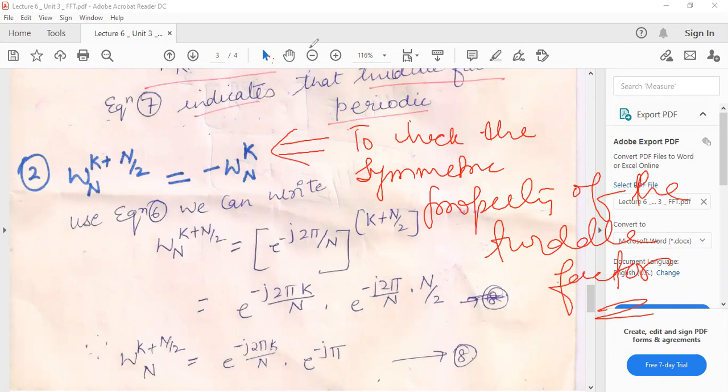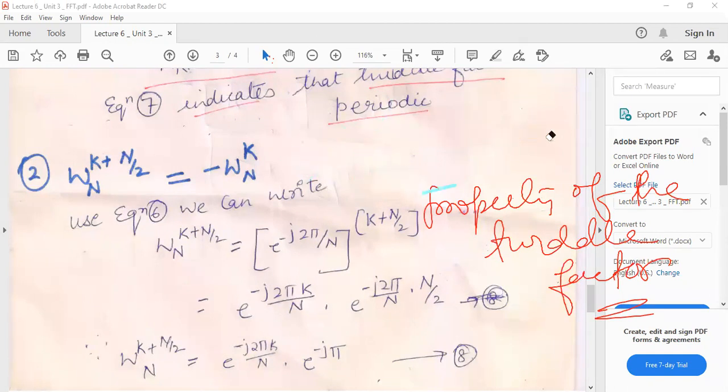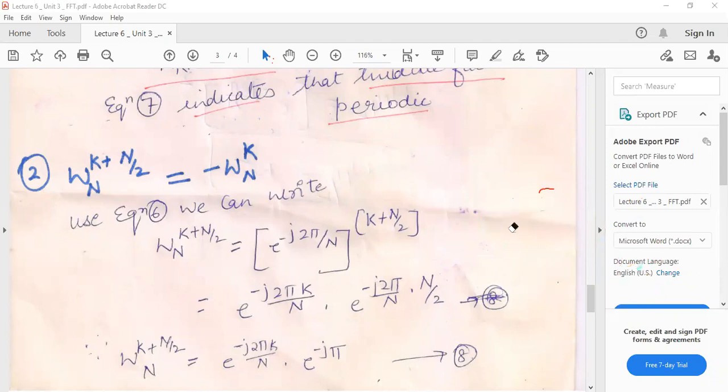Now, to check the Twiddle factor symmetric property, we have written an equation here, and we have taken that if this equation is satisfied, we will say that the Twiddle factor is symmetric. So let us compute this one.